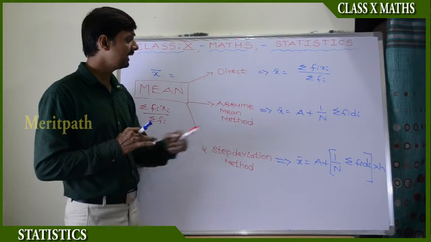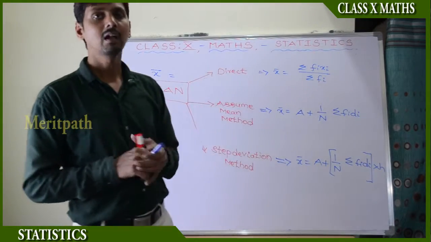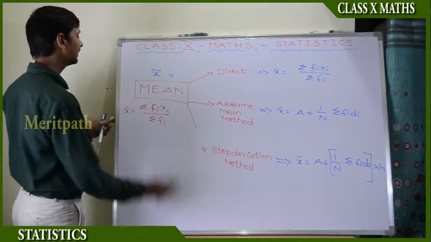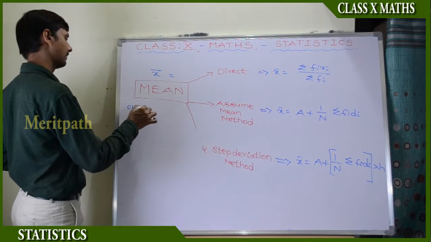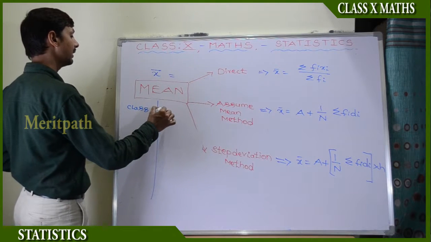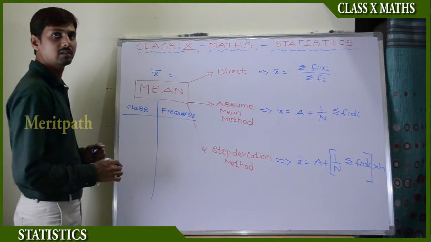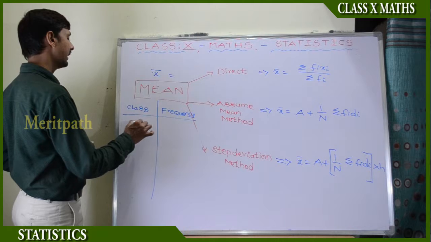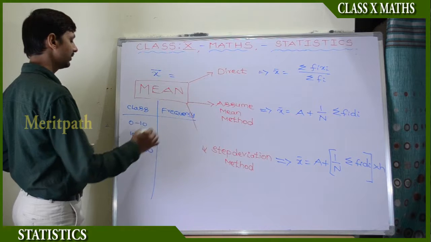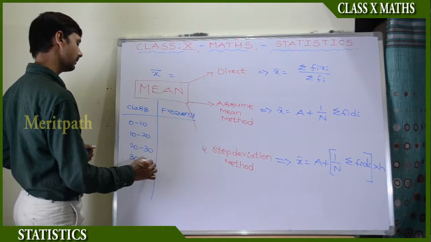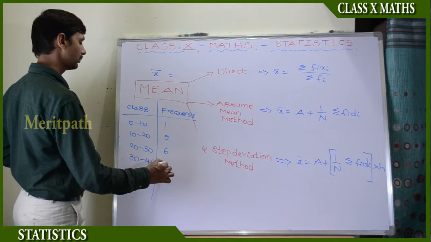Here when we take x bar equals a plus, a is nothing but the assumed mean, if you take any one of the observations. For grouped data observations, we take the classes 0 to 10, 10 to 20, 20 to 30, and 30 to 40, with frequencies 1, 5, 6, and 2.